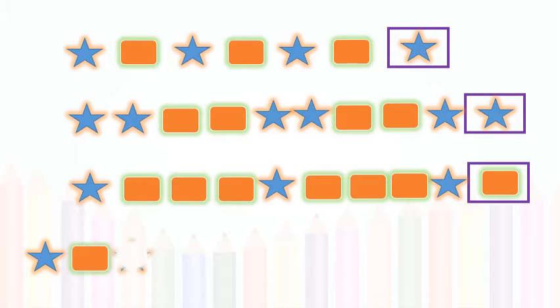Next: star, rectangle, star, star, rectangle, rectangle, star, star, star, rectangle. So, what will be there? Yes, dear students.